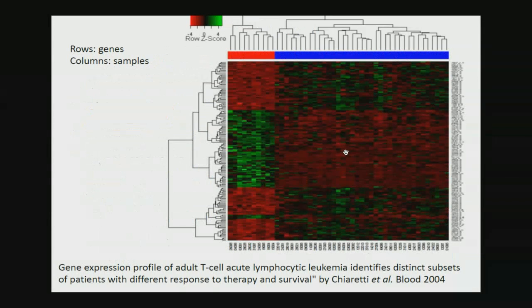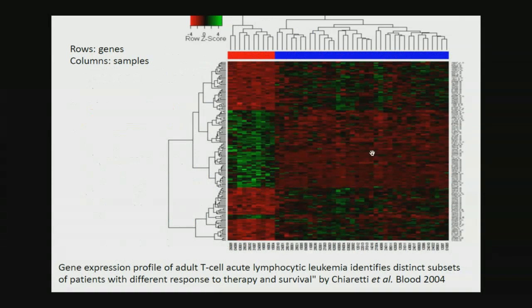So this is an example of heat map. This one is already scaled, normalized. And again, the rows are genes, and all these columns are biological samples.